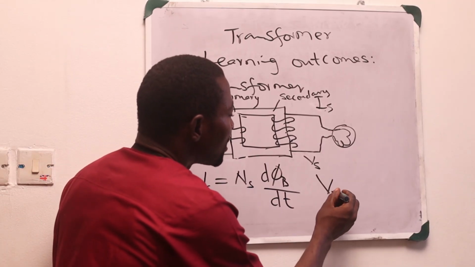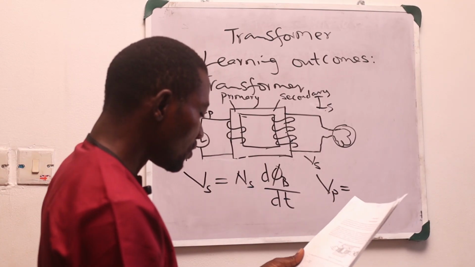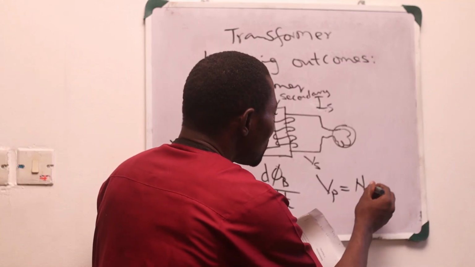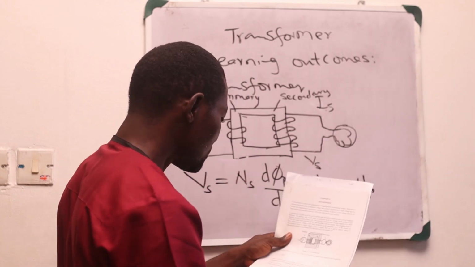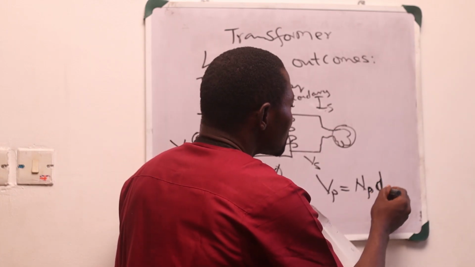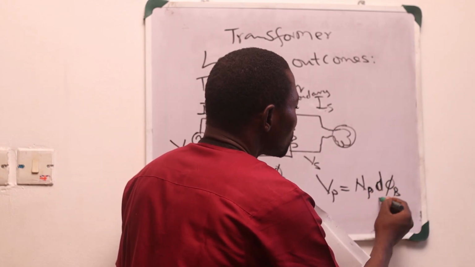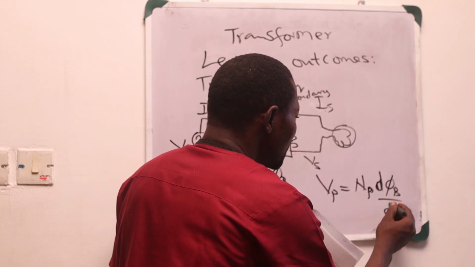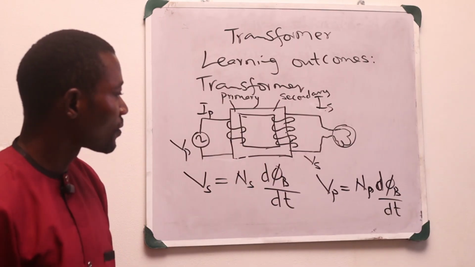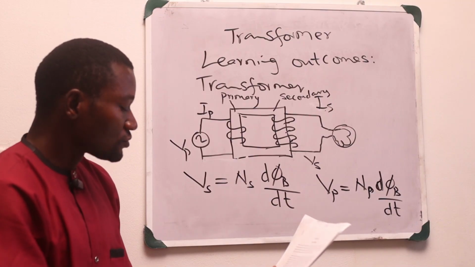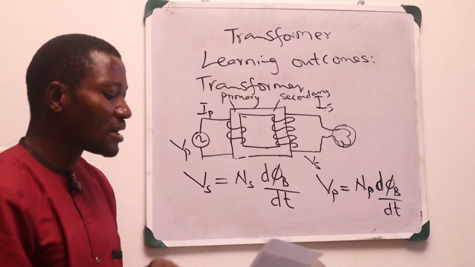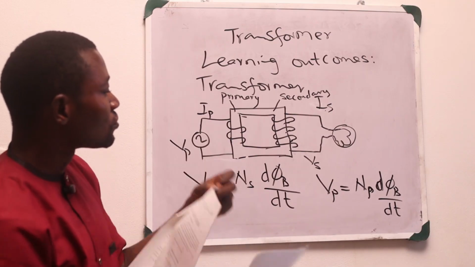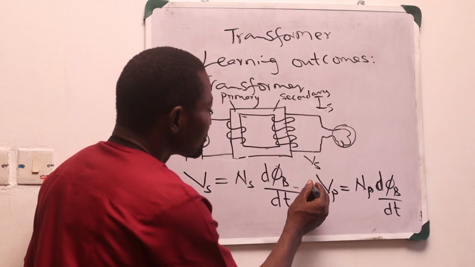Then the voltage in the primary coil is equally given by the number of turns in the primary times the rate of change of magnetic flux in the circuit. So we use this to calculate the voltage in the primary and the secondary. Let's call this equation 1.